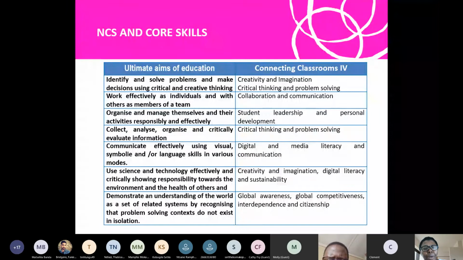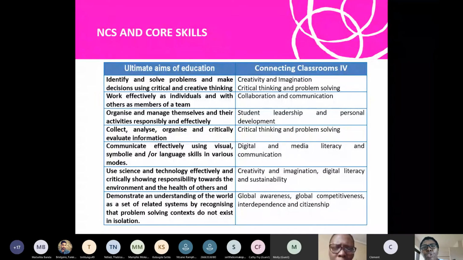And then the other one is to demonstrate understanding of the world as a set of related systems by recognizing that problem-solving contexts do not exist in isolation. In terms of the core skills, that's citizenship and understanding that you are a global citizen, and that has been covered in the module that we have just done on global awareness.